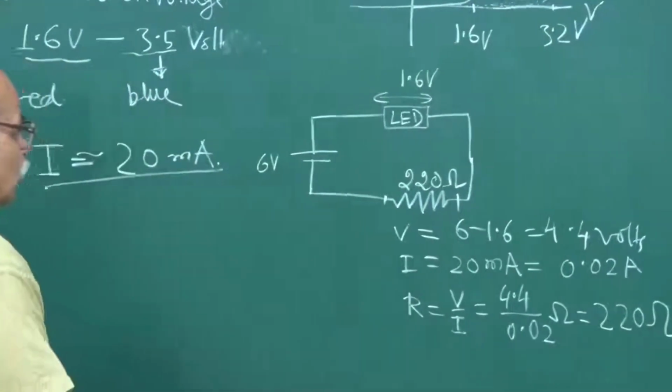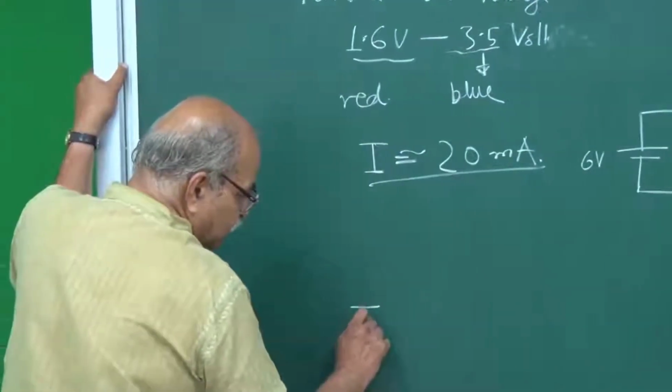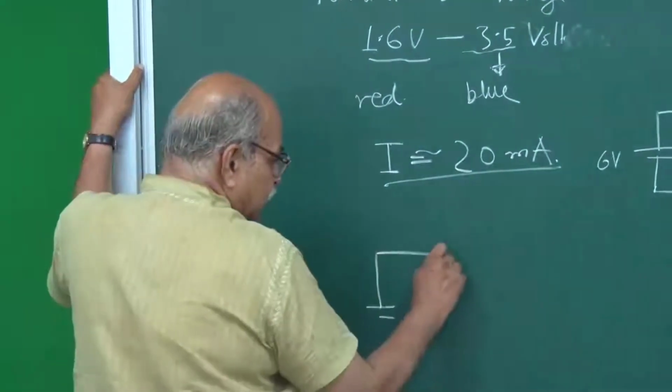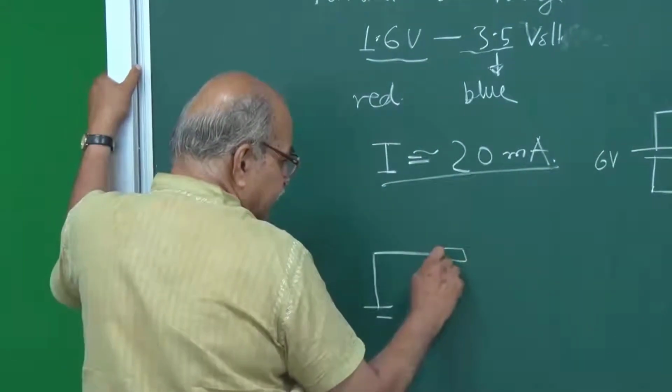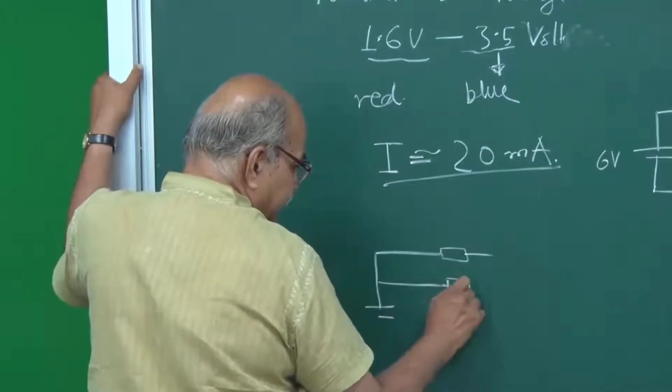And what if two LEDs are to be connected in parallel? Suppose you have a 6 volt source and you want to connect one LED here and also one LED here.